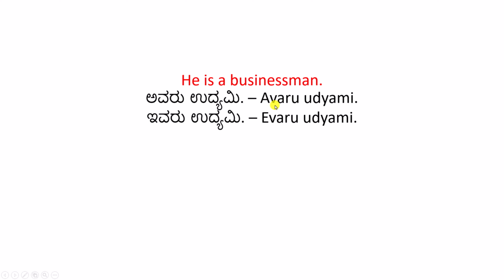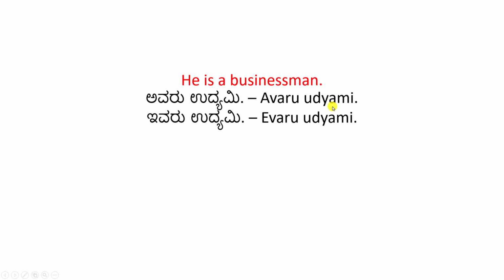By now, I am assuming that you have understood how to select a word for he. Now, here it says avaru. It means that the businessman is far away from you and you want to pay respect to the businessman. Correct? So that is why we have selected avaru.